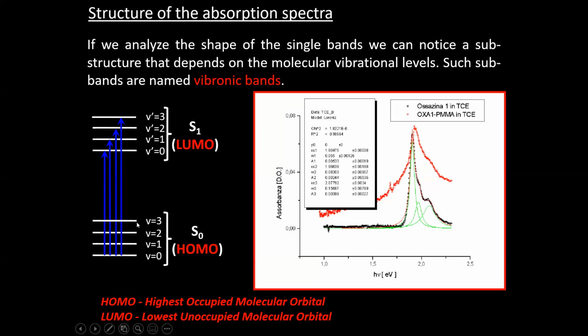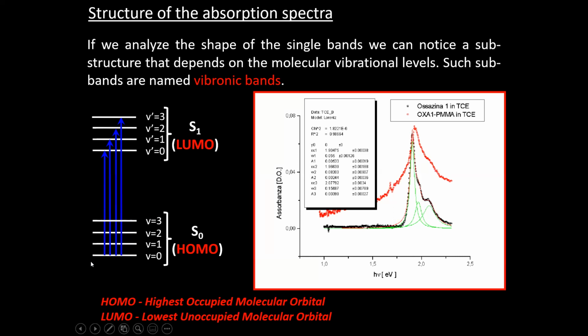A molecule could have internal shells that are filled with electrons, like in a heavy atom. And this is just the highest occupied molecular orbital. This is named the HOMO band in chemistry.